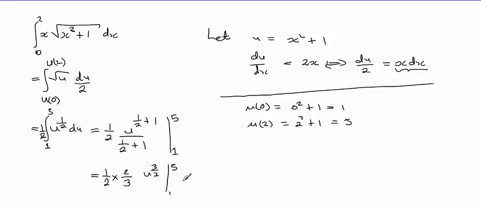Simplifying, we'll get 1/3, and then evaluating this function we get the square root of 5 cubed minus the square root of 1 cubed, which simplifies to the square root of 5 cubed minus 1, over 3.